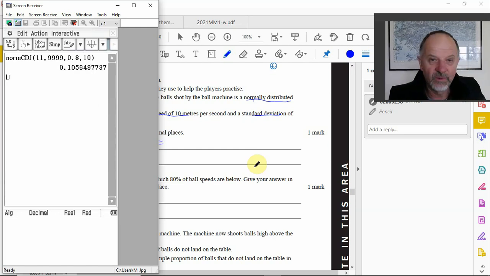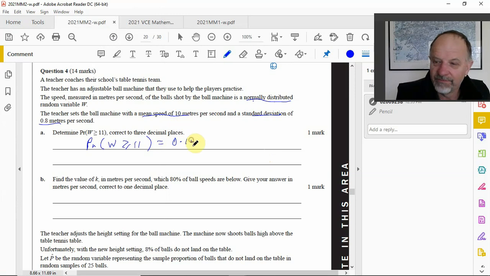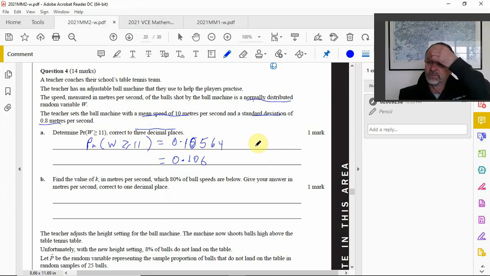And so then we go and we've got 0.15564 and some more stuff, but we're asked for 3 decimal places here, so 0.105, but notice the next one after it's a 6, so make sure you round correctly.